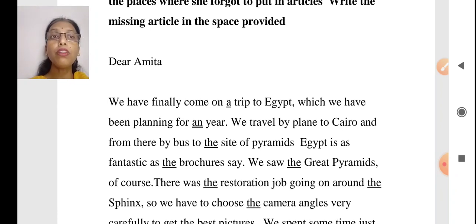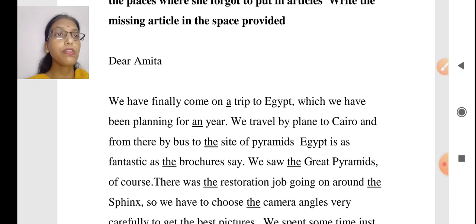So I'm talking about the particular restoration job which was going on around the Sphinx. So we have to choose the camera angles. Why the camera angles? Because I'm talking about the camera angles at that particular moment when I was clicking the photographs when I had the visit at the Sphinx.